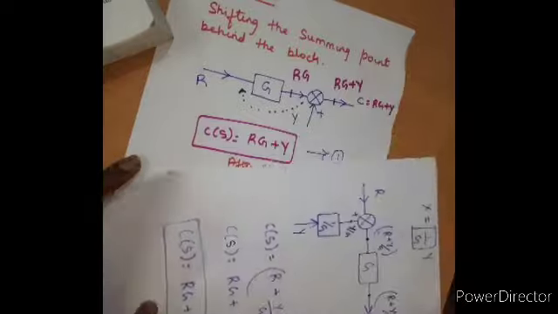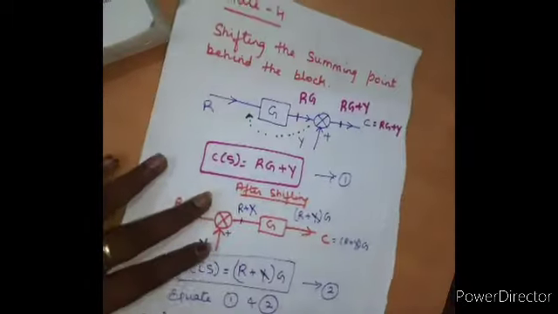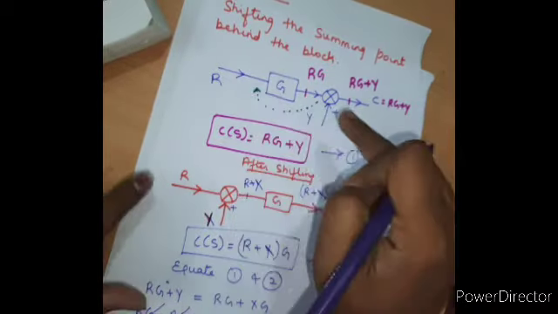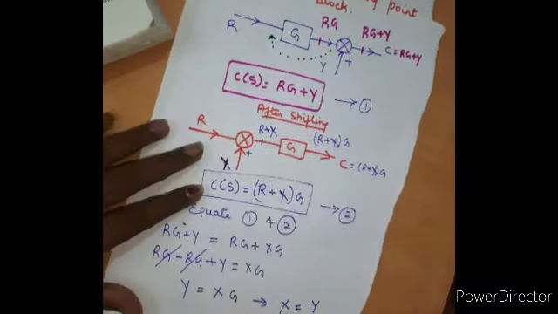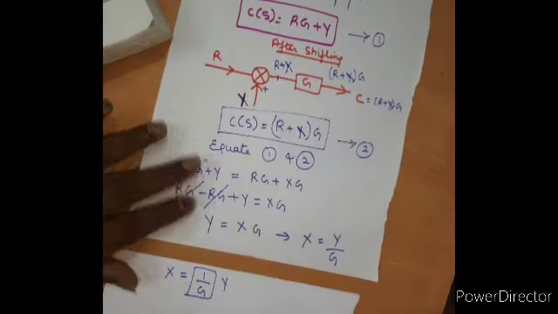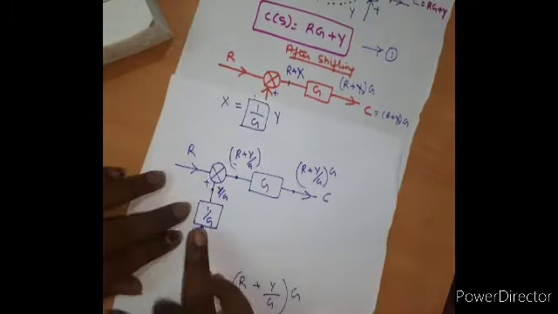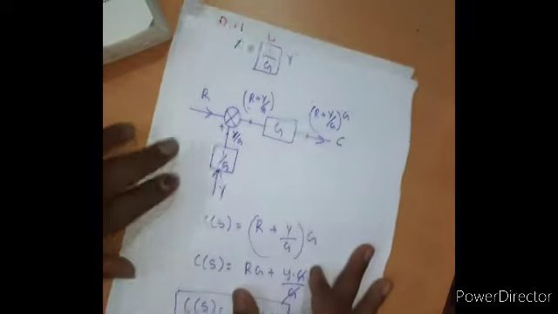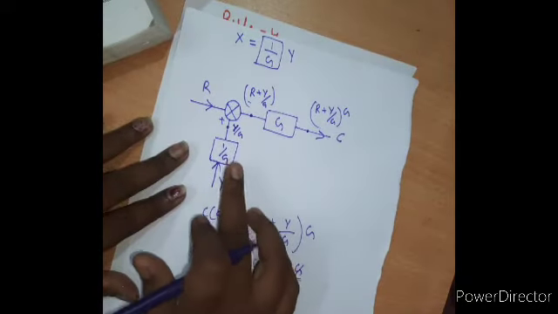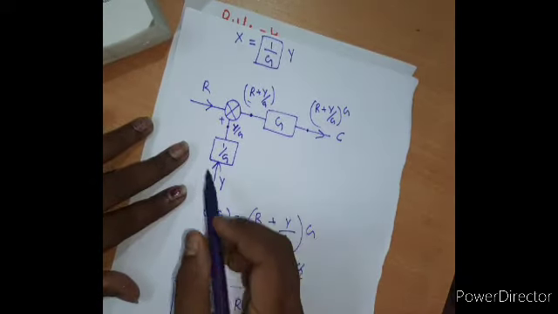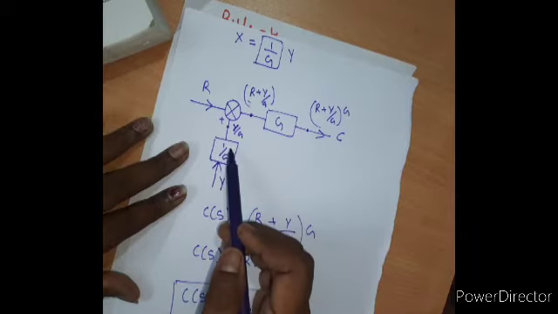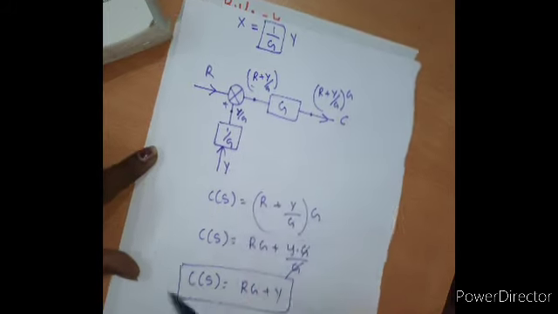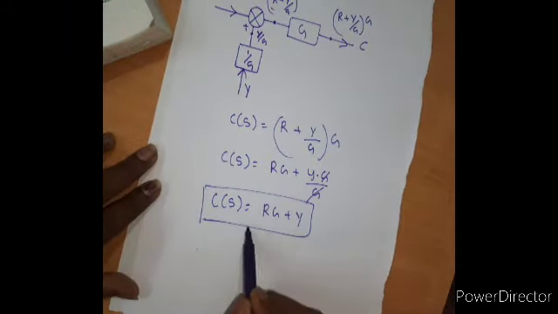That means even after shifting the summing point behind the block, the summer input should be multiplied by a factor 1 by G in order to get that output. So X was replaced by Y by G, where Y is the input and 1 by G is the gain of the block, and after simplification we get back the same.